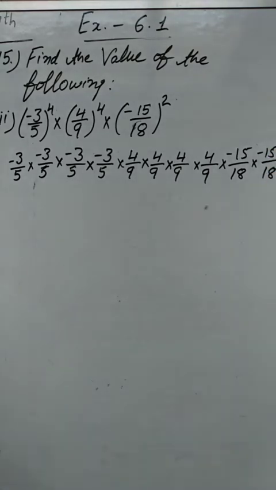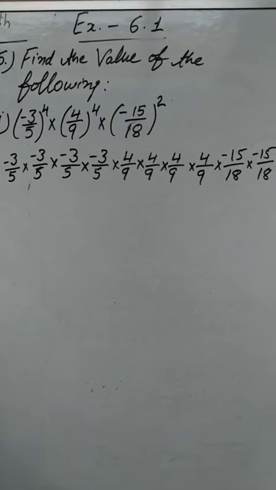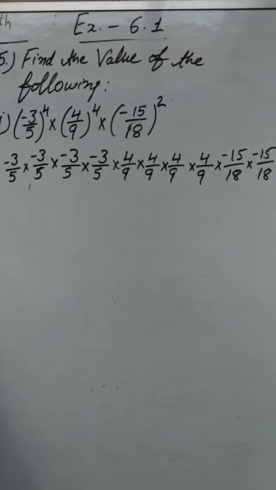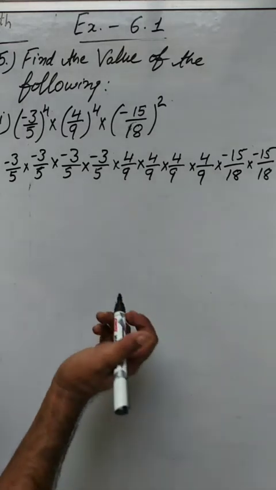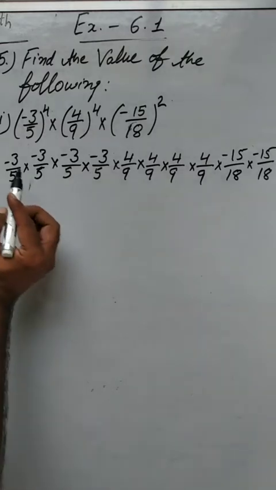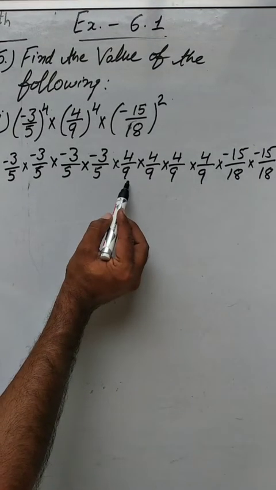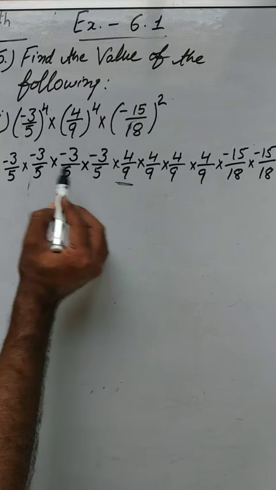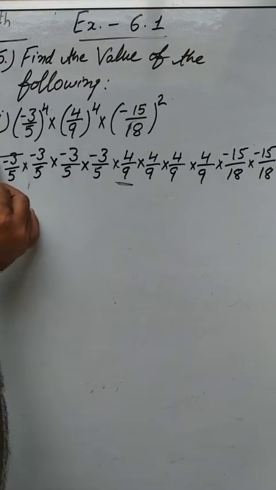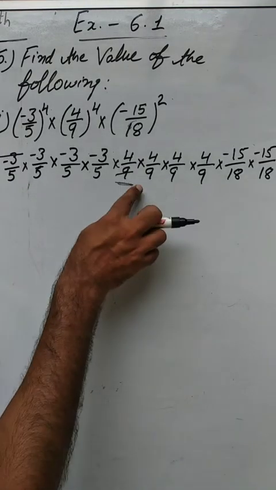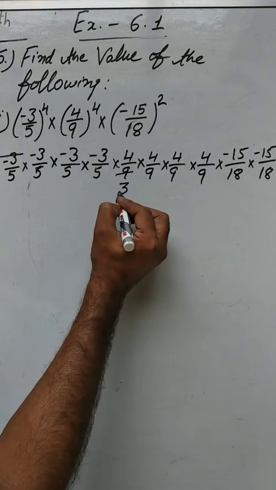Clear? 2 times. Power is 2. So we will multiply it 2 times. Understood, beta? Clear? Now check if anything is common between numerator and denominator. We have to cancel these terms. Now, beta, look at 3 and 9. 9 is in the table of 3. So it is cancelled with 3. 3 threes are 9. Okay.